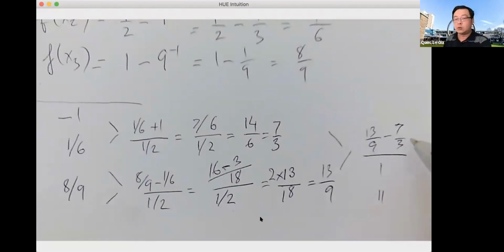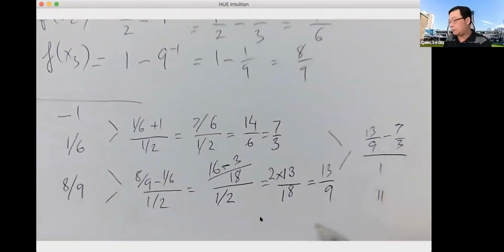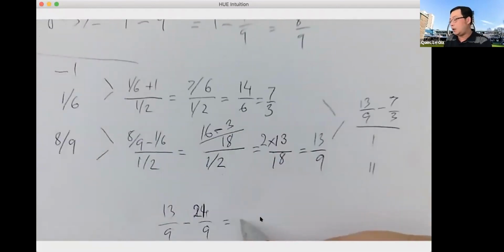So this one should be 21, yeah. 7 over 3 is 21 over 9. So minus 8 over 9. So this one gives you minus 8 over 9.